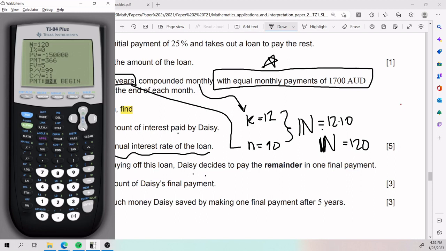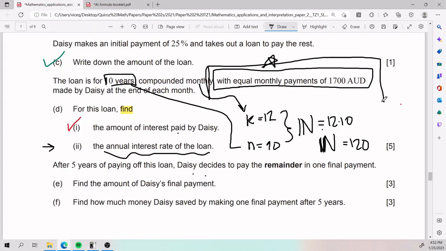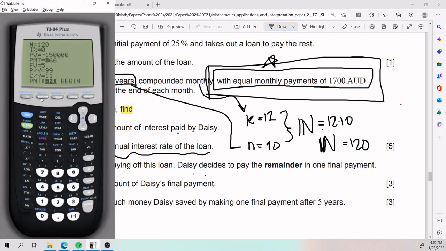PMT makes reference to these equal monthly payments, and so we know that each month, or each period better said, it's 1,700. So we're going to plug in 1,700 here. FV we will leave at 0, and PY CY makes reference to the compounding periods and compounding years. In this case, we will leave both as 12.